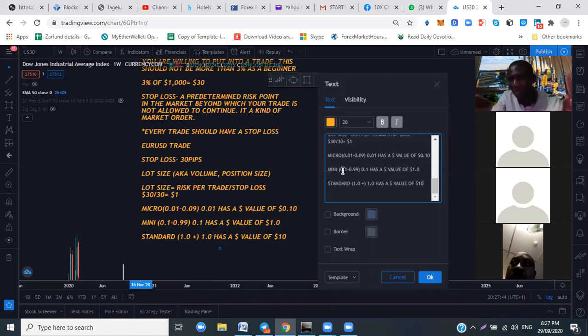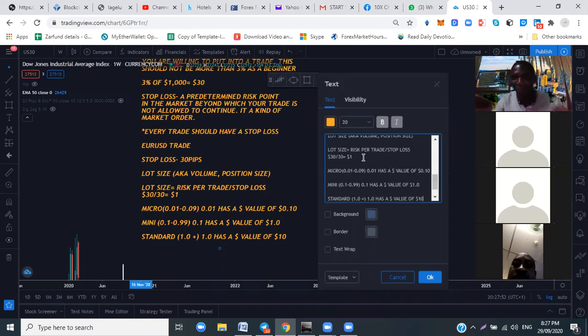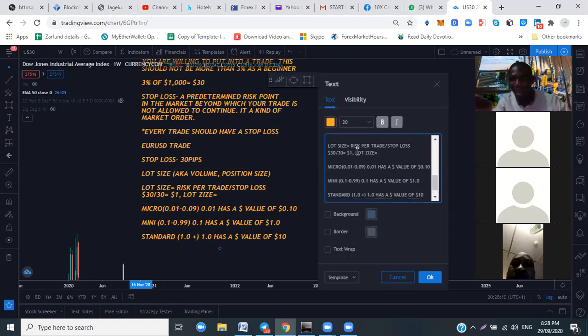So we have mini lots, we have micro lots, we have standard lots. So what this tells us now is this. Can somebody answer me? What is the lot size associated with this now? We said the dollar value of the lot size is $1.